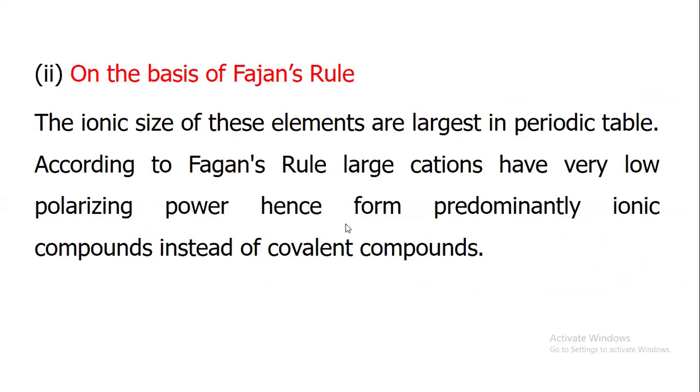Second, on the basis of Fajans' rules: the ionic sizes of these elements are the largest in the periodic table. According to Fajans' rule, large cations have very low polarizing power, hence they form predominantly ionic compounds instead of covalent compounds.